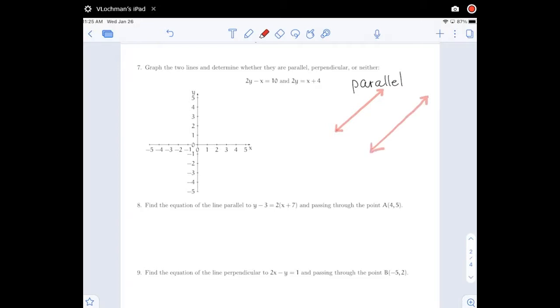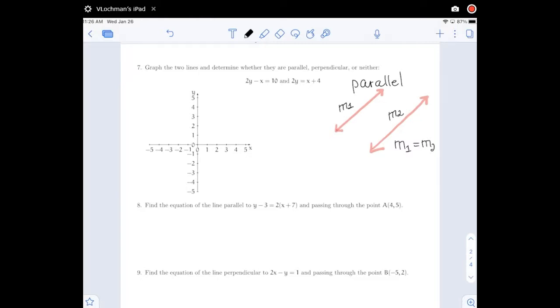Let's say this one has slope m1 and this line has slope m2. What do you think the relation is between slopes for two parallel lines? Does anyone have an intuition? Yep, Jeremy says they are equal. Yes, so m1 is equal to m2.